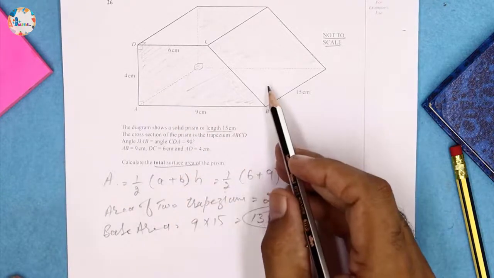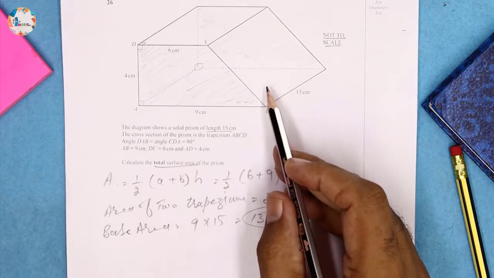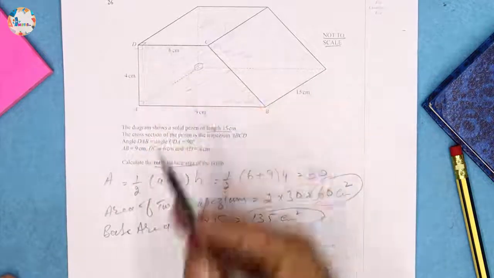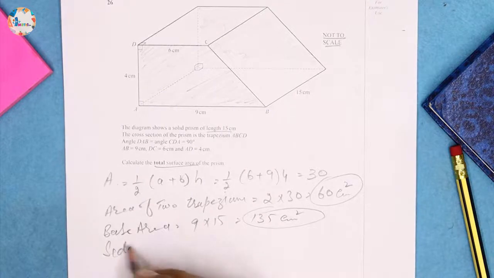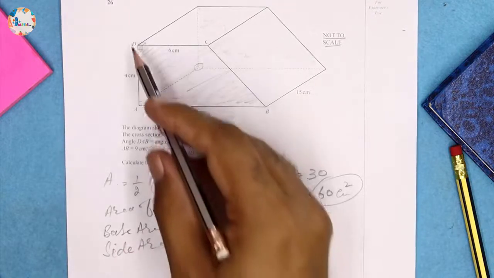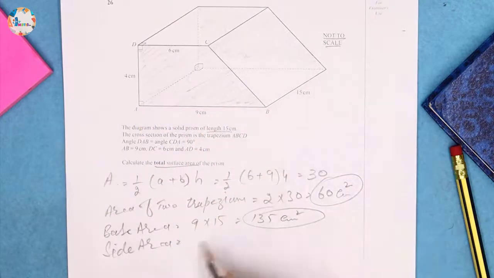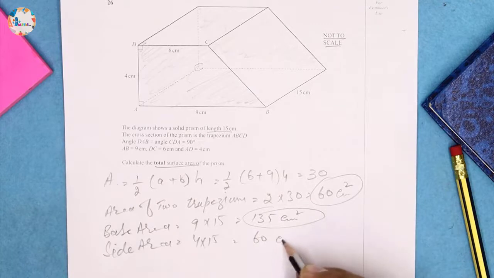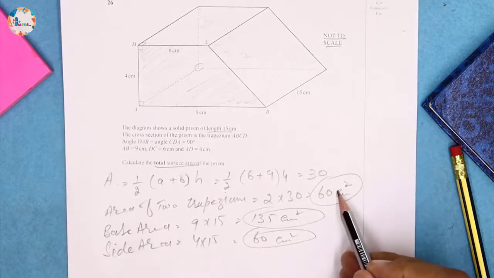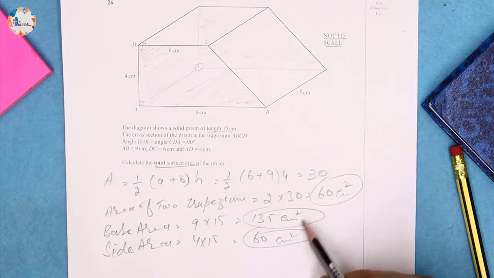This base we have also calculated. The side area, this perpendicular side area, will be equal to 4 multiplied by 15, which is 60 centimeters squared. These are two sides, this is one side and this is also one side.